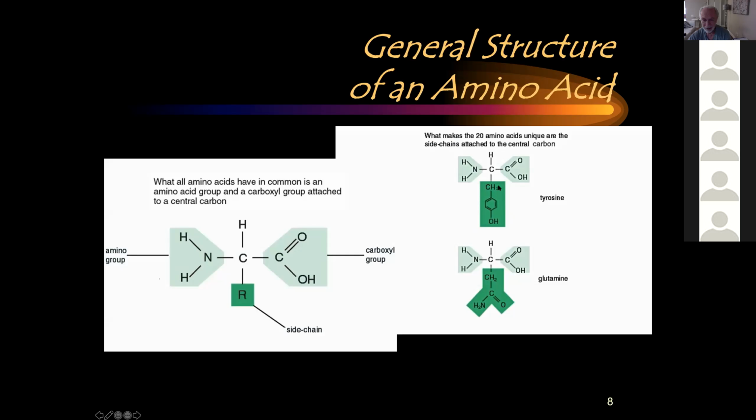So you can see that here on the right of this diagram. The top is the amino group and the carboxyl group joined to this side group, which makes it a tyrosine molecule. Or if you have the same amino group and carboxyl group, but a different side group, it's now glutamine. So the only difference among amino acids is the side group.